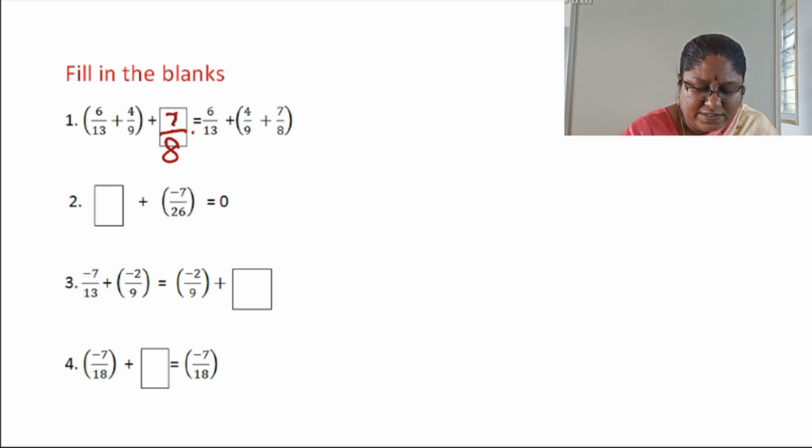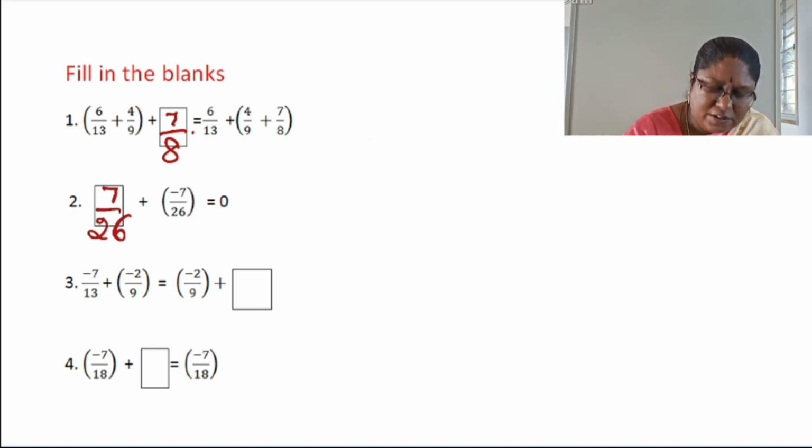Here, the second question. Some number plus minus 7 by 26 is equal to 0. Which number do we add to get 0? Plus 7 by 26, the same but with the opposite sign.